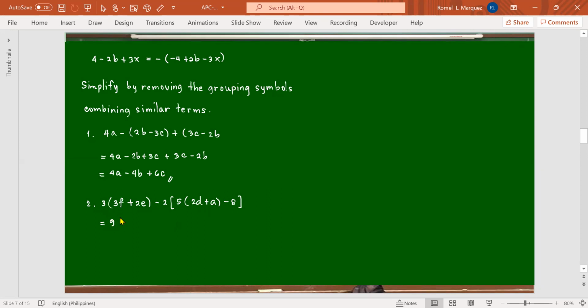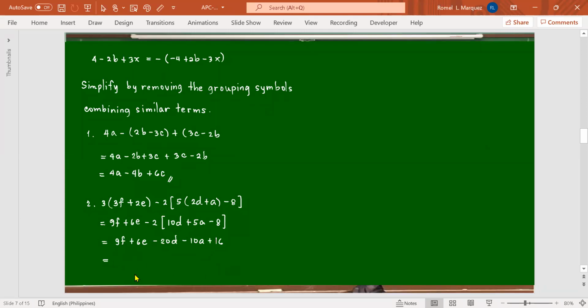So we distribute 3: 9f, positive 6e, right? Minus 2 times. So distribute 5 to 2d, that is 10d plus 5a. Then this is not inside, no? So we just copy negative a. Okay, guys? Are there similar terms inside? None, no? 9f plus 6e minus 20d minus 10a plus 16.